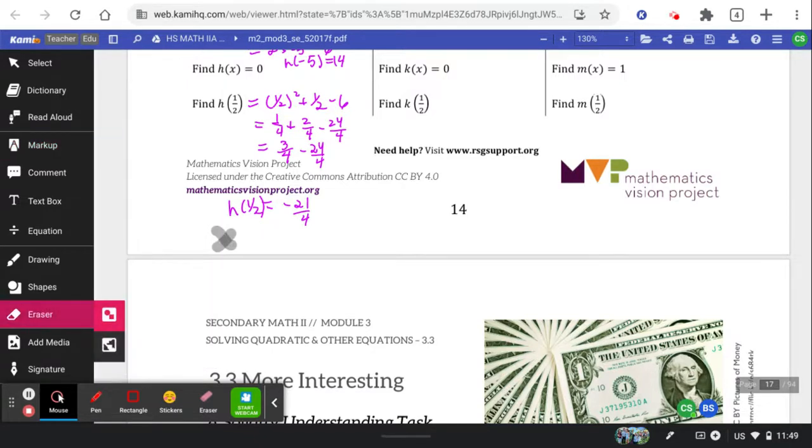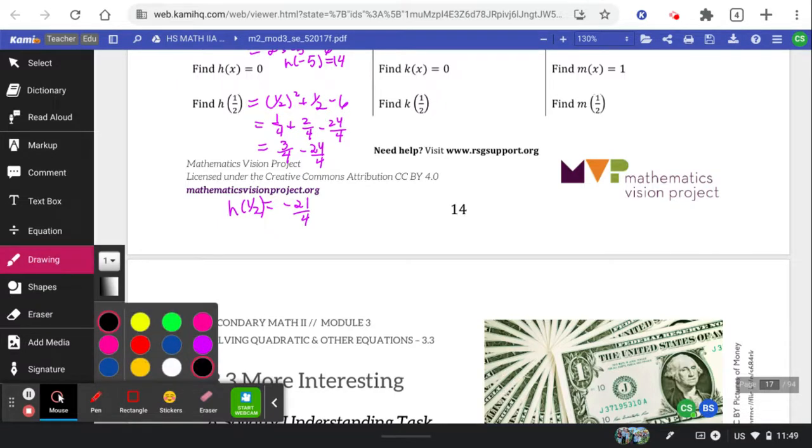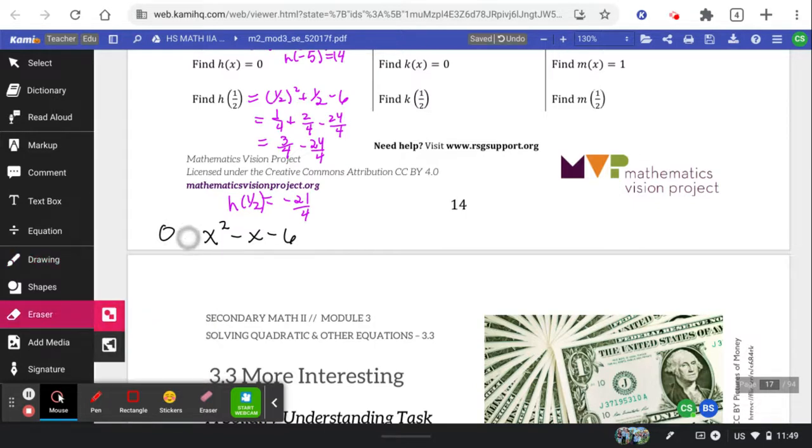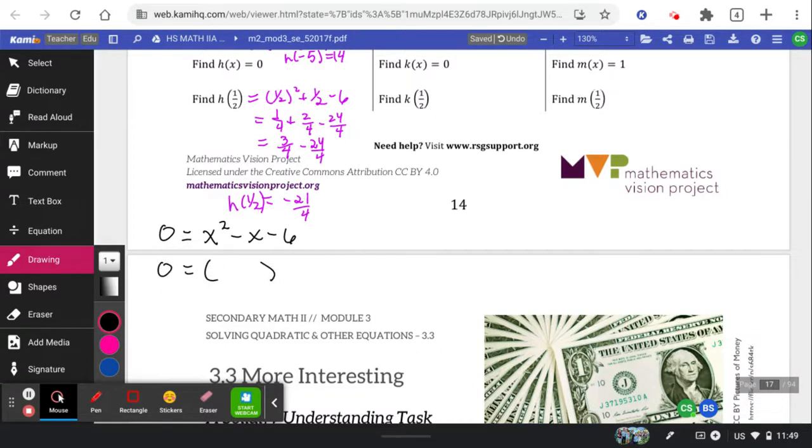So I'm going to rewrite it, x squared minus x minus 6. You see this from up above? They're telling us that the output is 0. Well, we just learned last chapter how to solve a quadratic by factoring. So we want to say what times what equals x squared minus x minus 6.